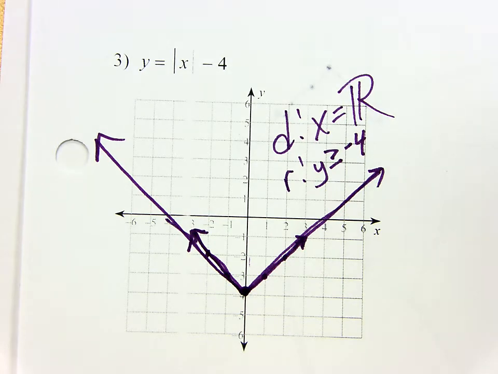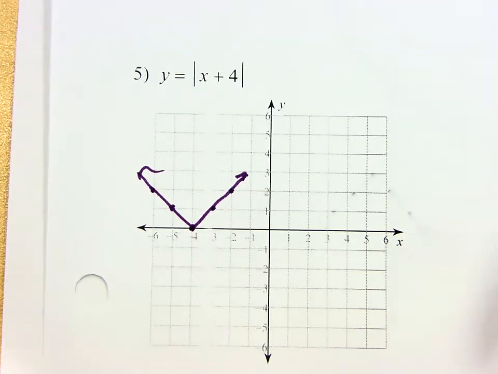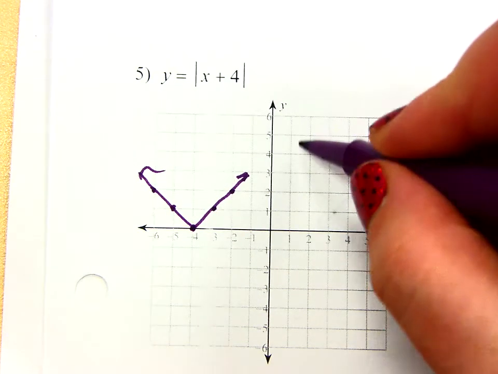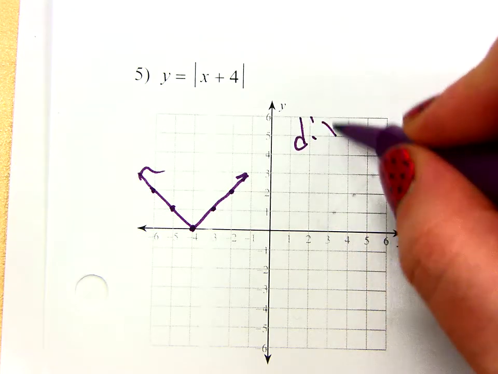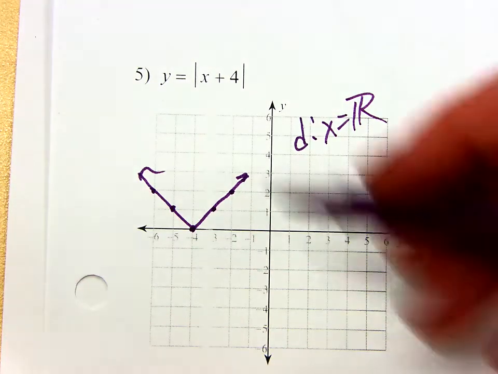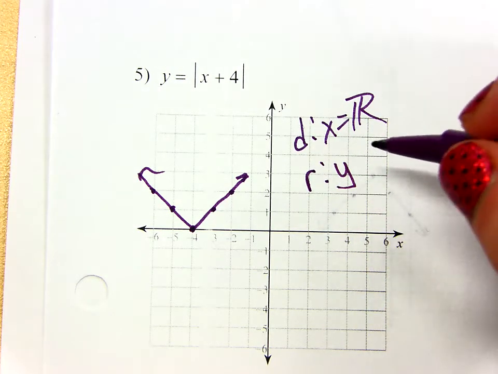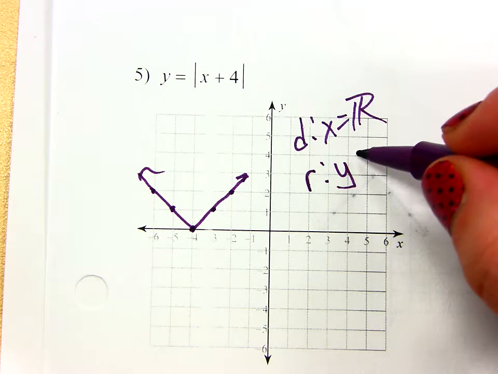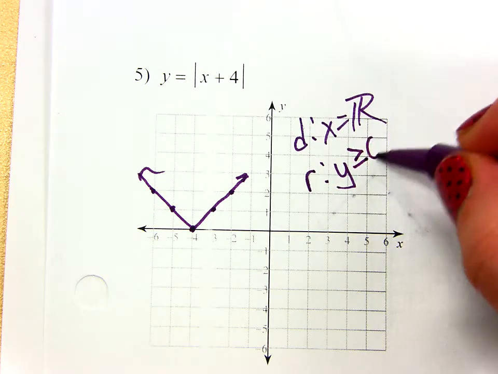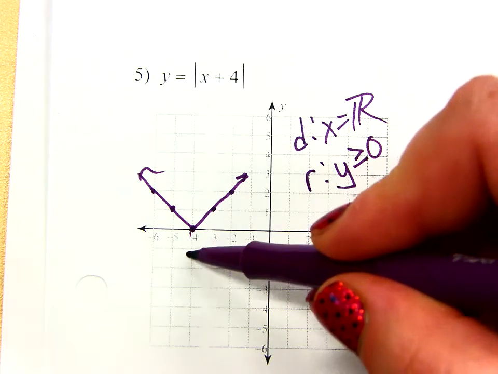Okay, does that make sense? So try the same thing with number 5. What would your domain be? Still all reals. They continue forever in both directions, but what's your range this time? Yeah, it's got to be greater than or equal to 0. 0 is the lowest y value I ever get.